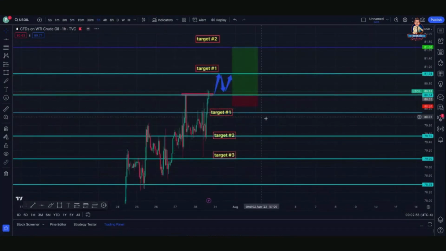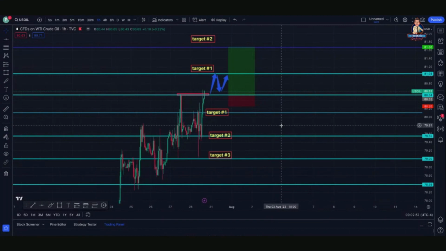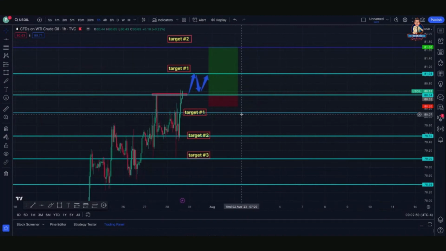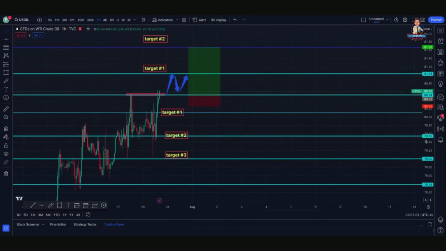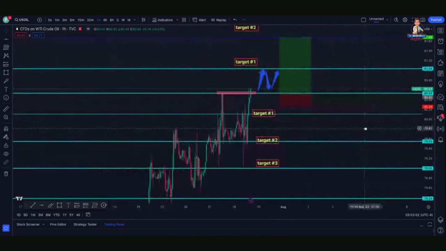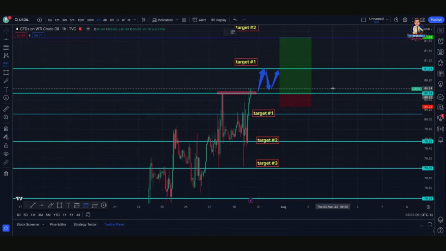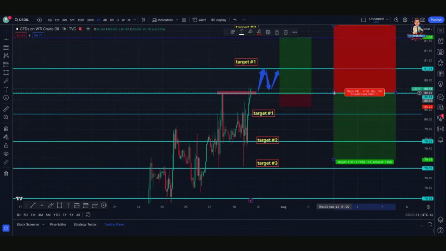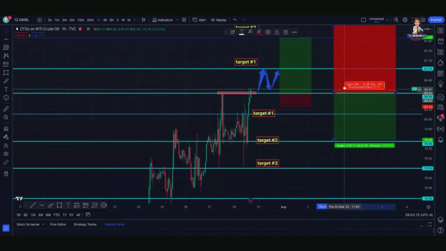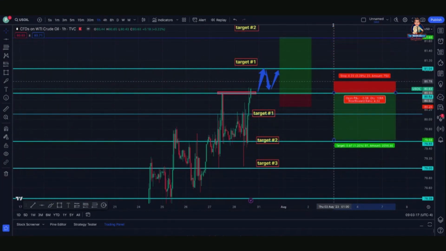Going back to the 1-hour, if we're going to take a sell position because price closed below this 80.54 target area, then we're looking at something like this. If that was to be the high, we would be looking at an entry like this. We're going to take it down at least 2 target levels, but we are going to make our stop this recent high, assuming that is the scenario.